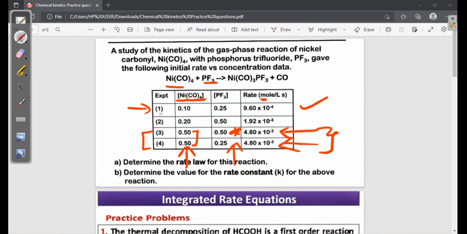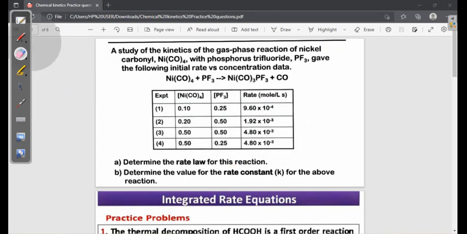Okay, so that's good. Concentration of the other one has an effect. Is that what you're saying? You're saying the other one has got an effect? So this one does not have an effect.